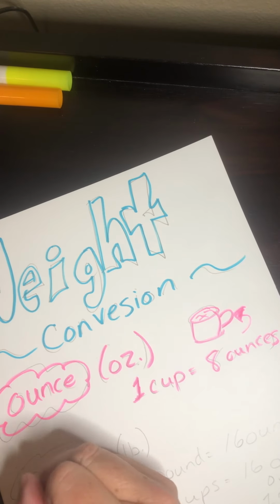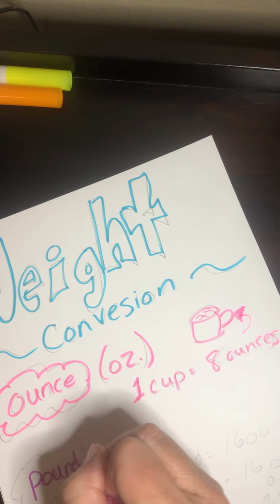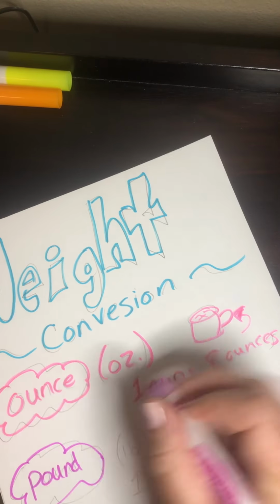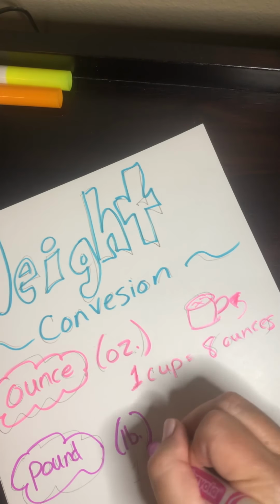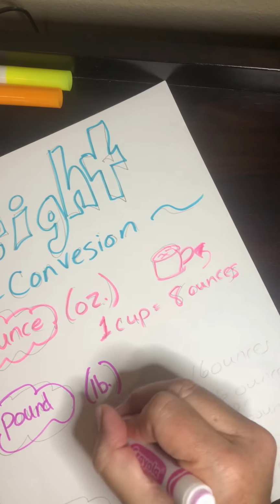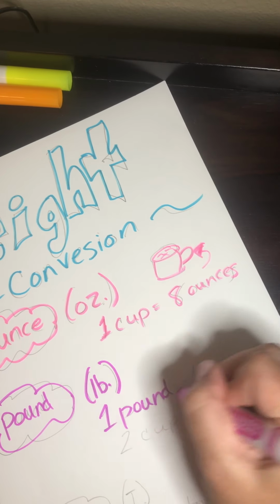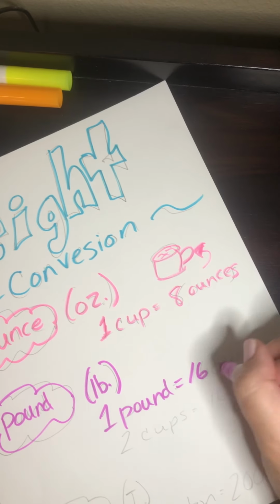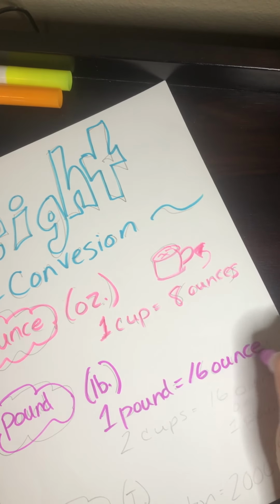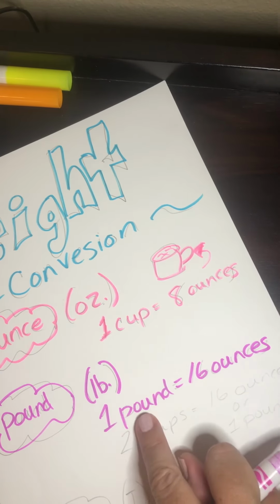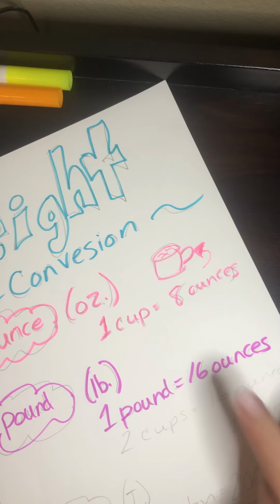Now, if I were talking about pounds, so 1 pound, my abbreviation is LB period. If I am talking about pounds, I'm going to talk about it in ounces, and I'm going to convert it from 1 pound to 16 ounces.